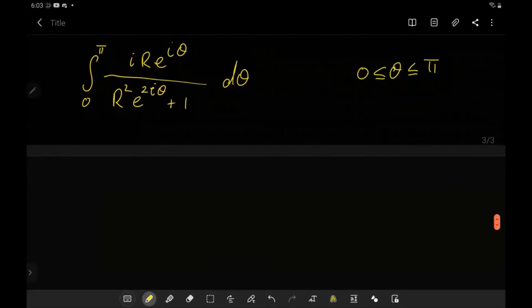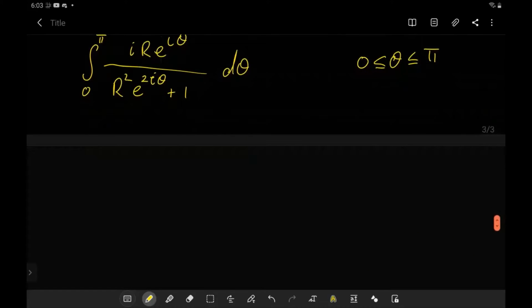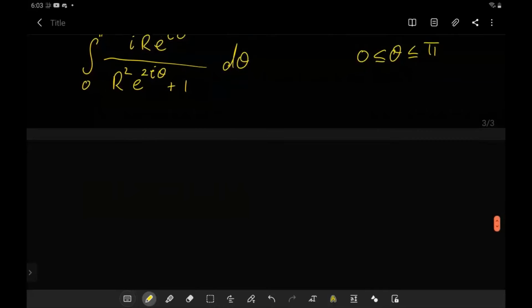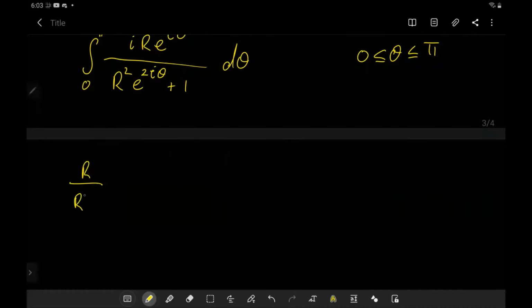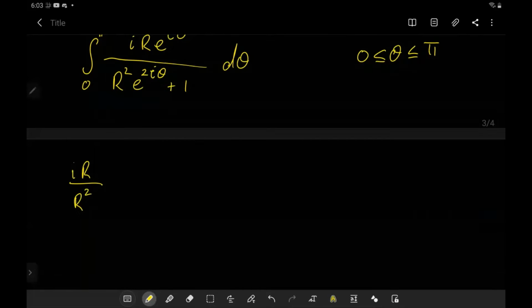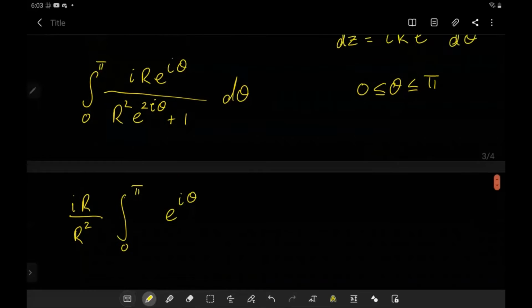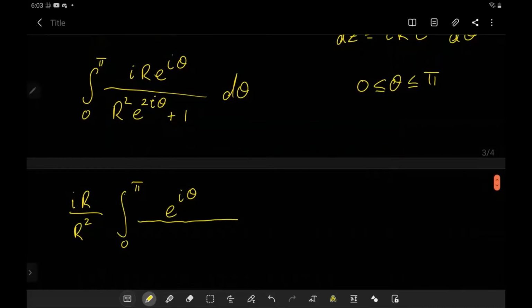Doing some further work, we can factor out an r from the numerator and an r squared from the denominator. So you will get i r over r squared times the integral from 0 to pi of e to the i theta divided by e to the 2i theta plus 1 over r squared, d theta.